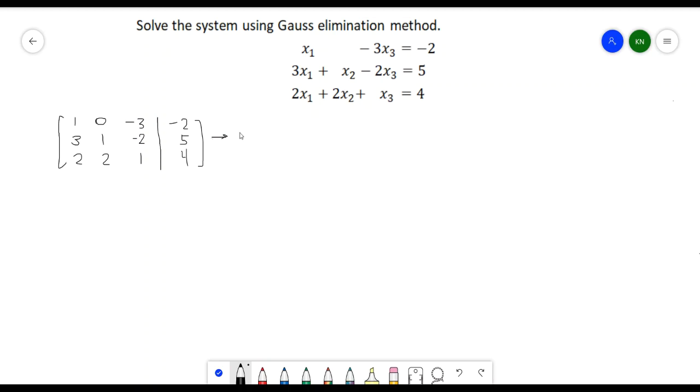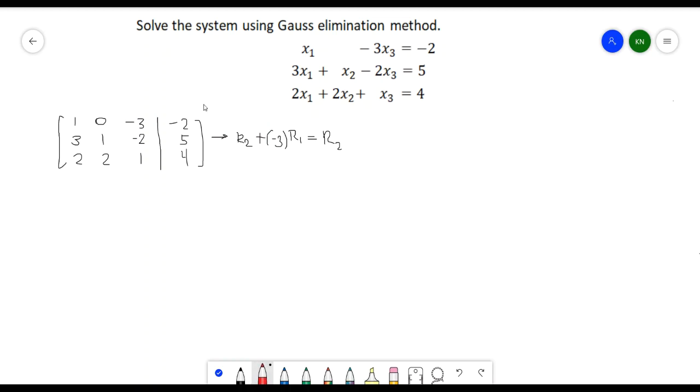We can add to it a multiple of row 1 with the negative of our given value. This is our row 2, and this is our row 1 and row 3. So row 2 can be added with negative 3 multiplied by row 1, which gives our new row 2.